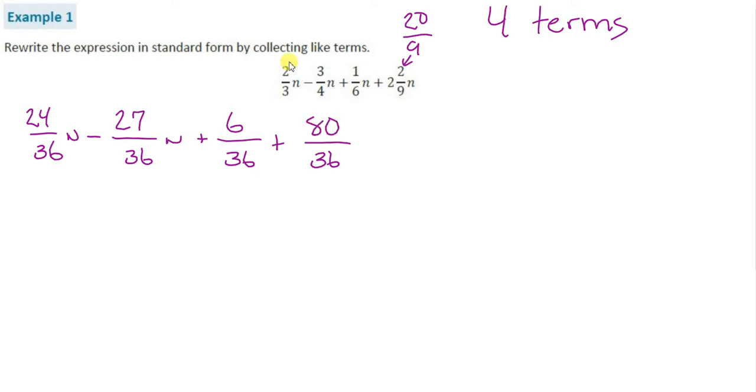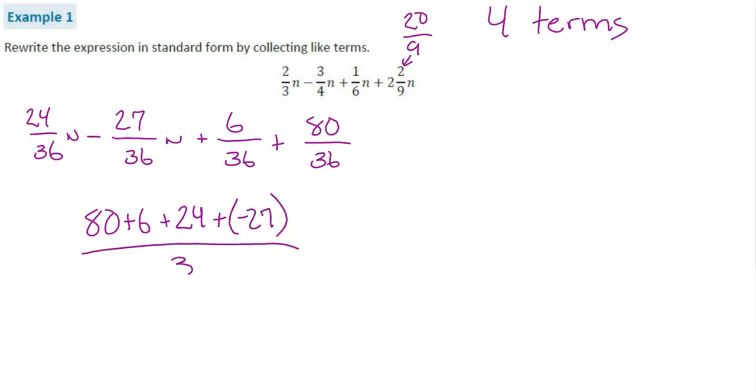So now basically I have 80 plus 6 plus 24 plus a -27 all over 36. Well, let's back up a little bit. What's 6 plus 24?